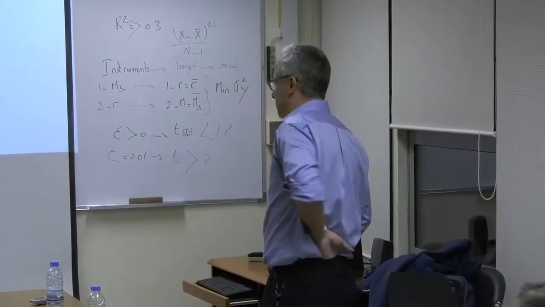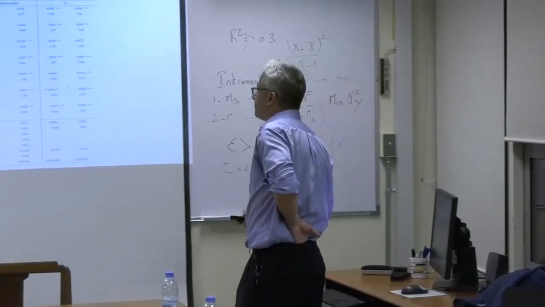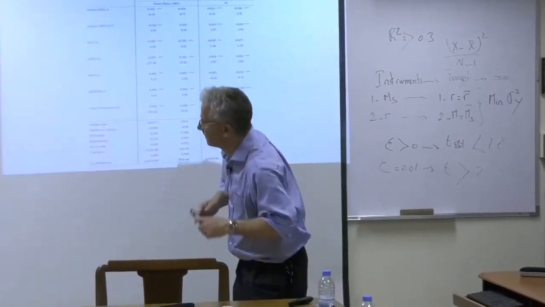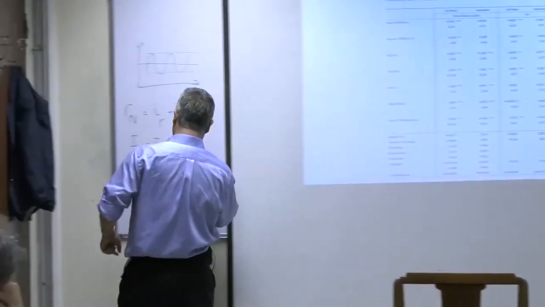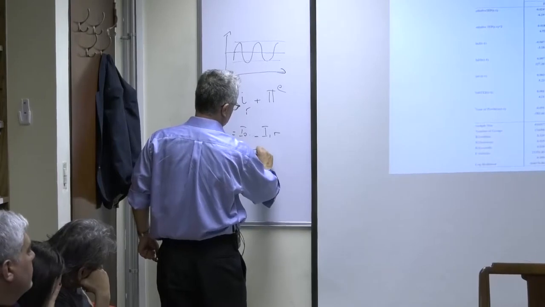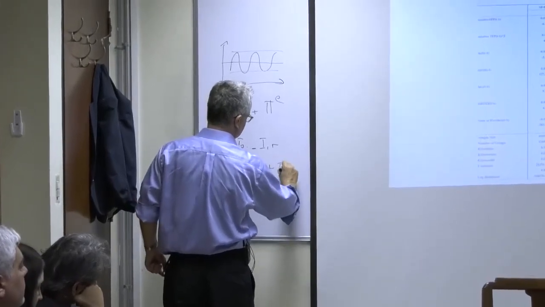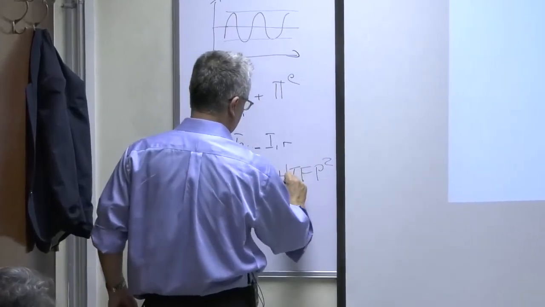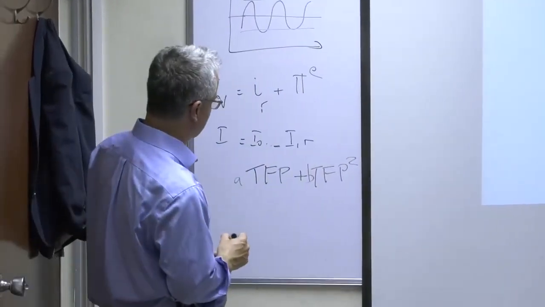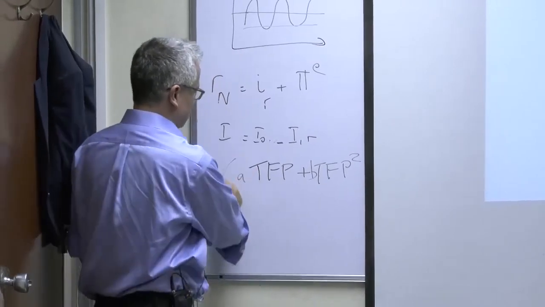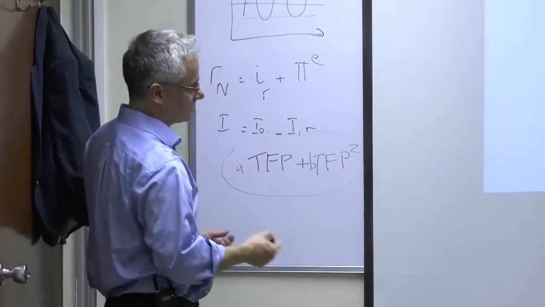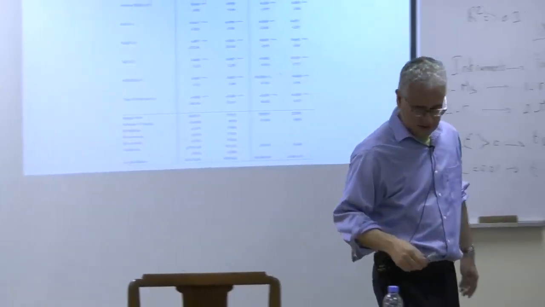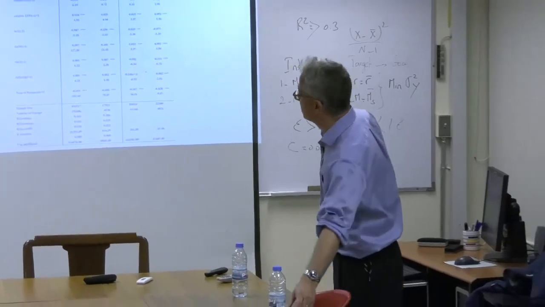So we introduce firm level, relative TFP plus TFP squared, to look at how this term affects the introduction of new products, not in a linear way, but in a quadratic way.